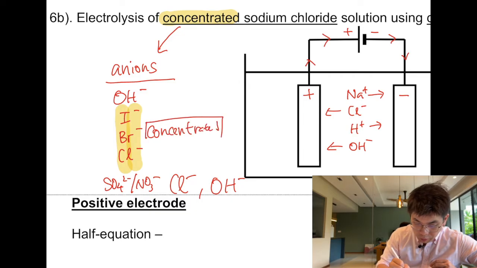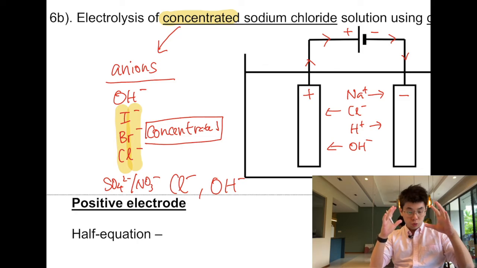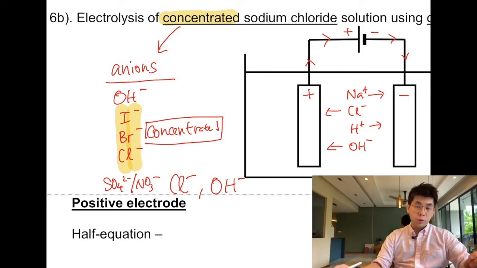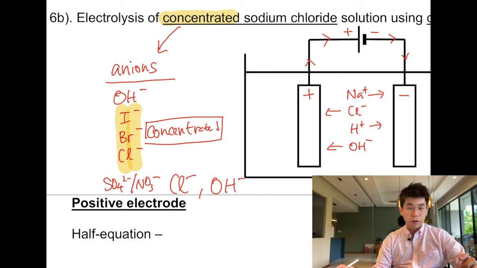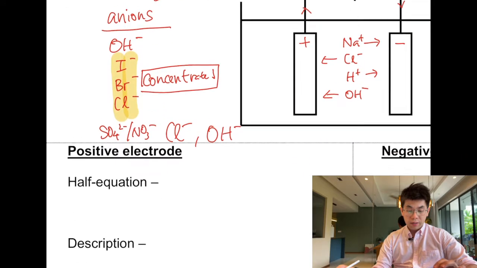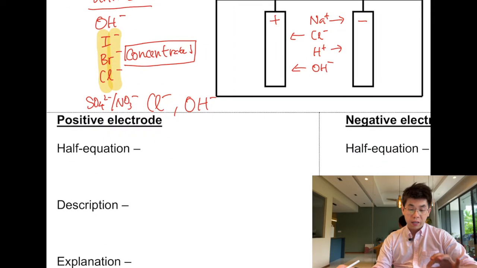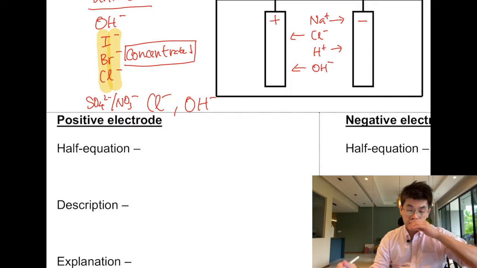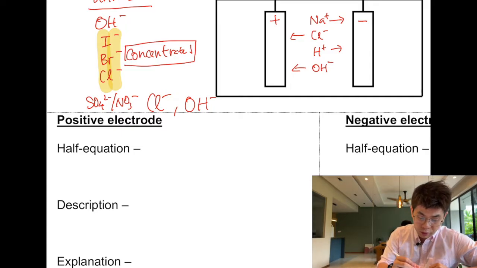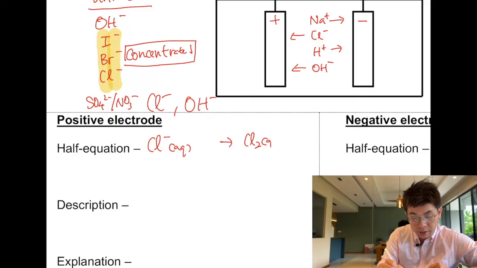Only when it's concentrated will I choose this over the OH-, but never the sulfate and the nitrates. So in this case, instead of the hydroxide coming out, the chloride, which is in the aqueous state, would produce chlorine gas.